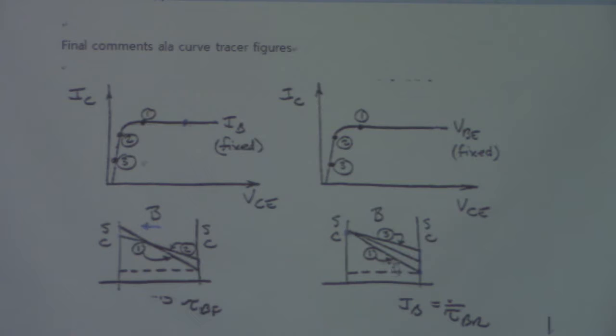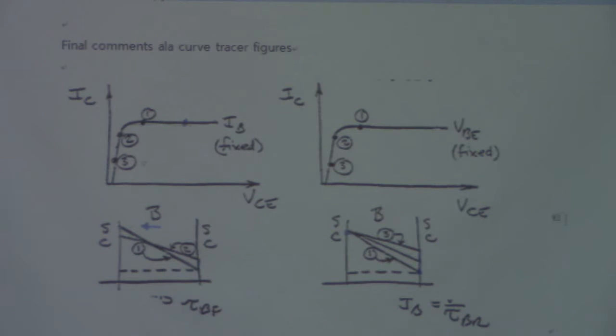So now the line is going to go up and up as you decrease the collector emitter voltage, of course, naturally. Okay, so that we have a slower slope.